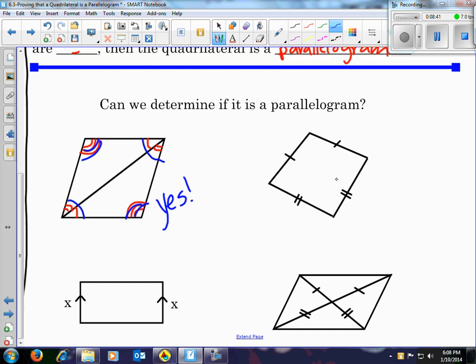Now this next one, we need to know that our opposite sides are congruent. Opposite means across, remember? So if one side has one tick mark and the other side has 2 tick marks, then our opposite sides aren't congruent, which means no, this cannot be a parallelogram.